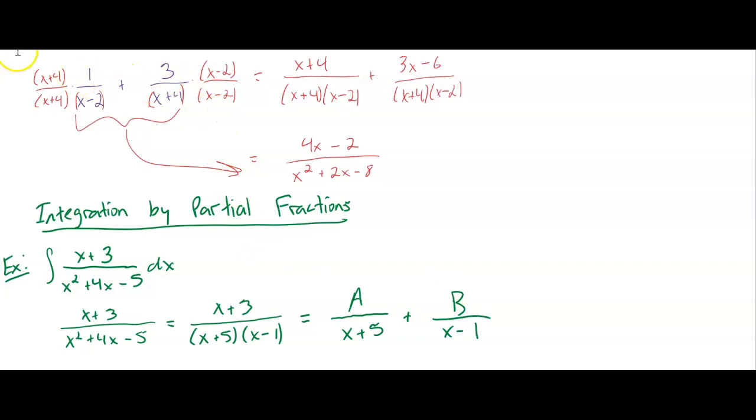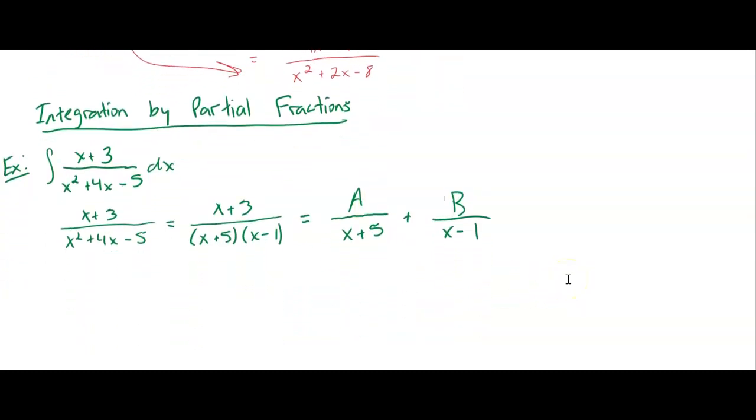If you were able to follow what happened here, then you should be able to follow what happens here, but instead of a 1 and a 3, I've got an A and a B. So let's do it. What I'm going to do is multiply this by x plus 5 over x plus 5.